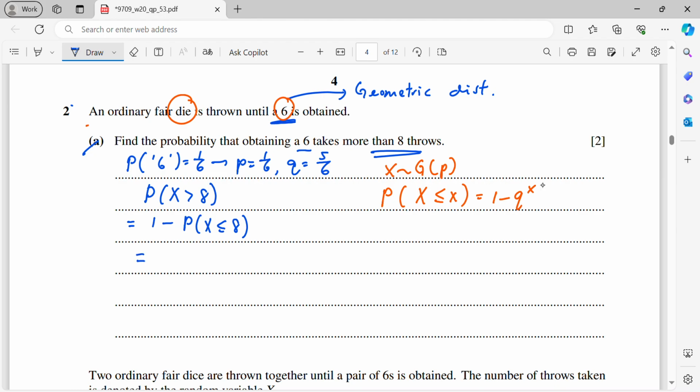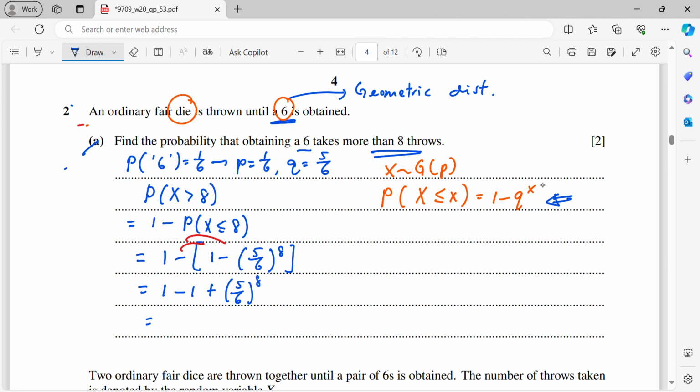So by applying this formula, it will be 1 minus my q, 5 over 6, to the power of 8. When you open the brackets, times in the minus, so here I will get 1 minus 1 plus 5 over 6 to the power of 8.